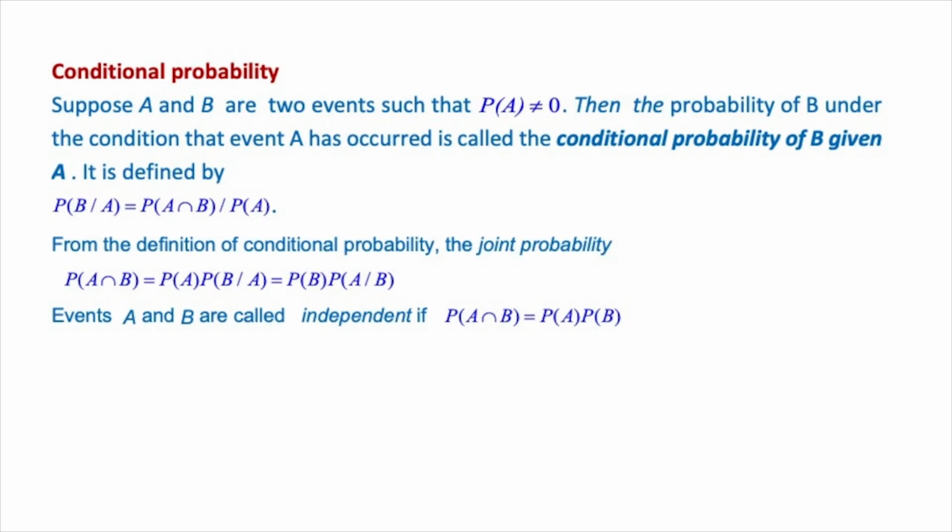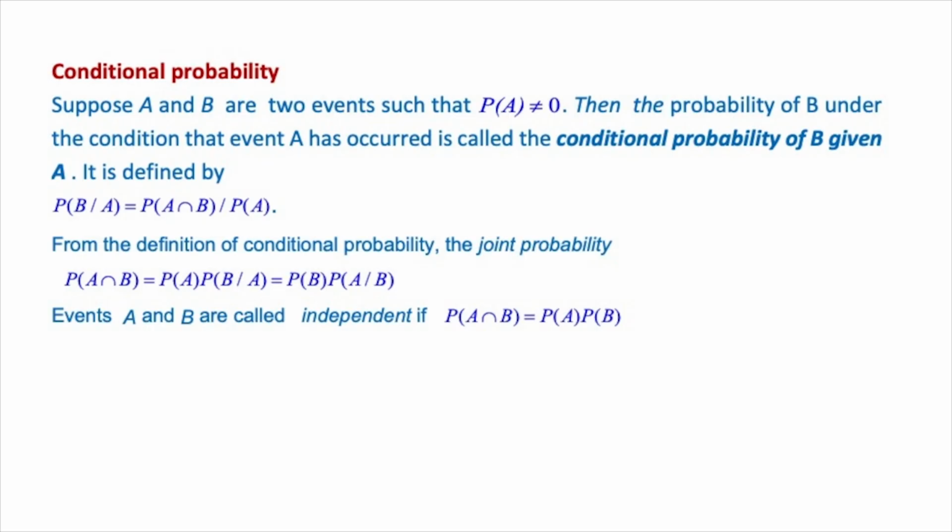From the definition of conditional probability, now we can find the joint probability. P(A intersection B) is equal to P(A) times P(B given A), and that is also equal to P(B) times P(A given B). Events A and B are called independent if P(A intersection B) is equal to P(A) times P(B).